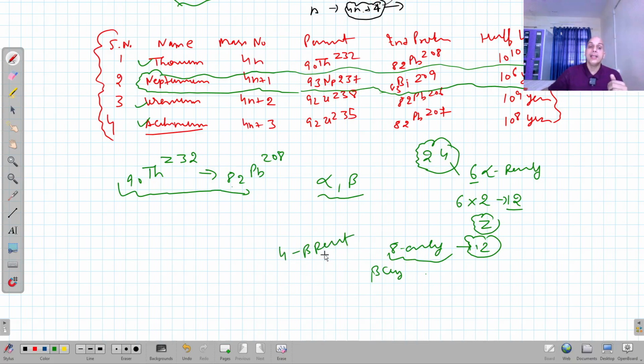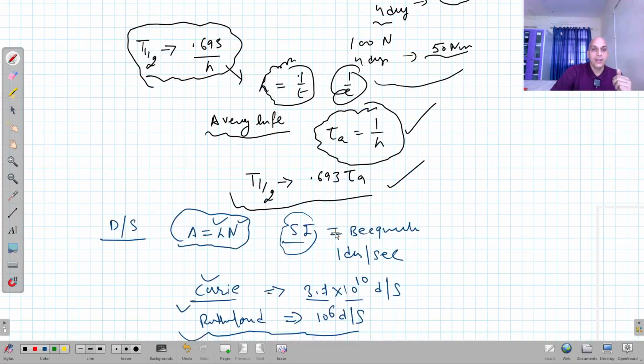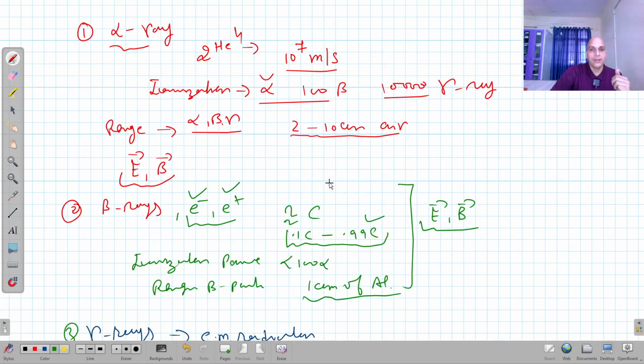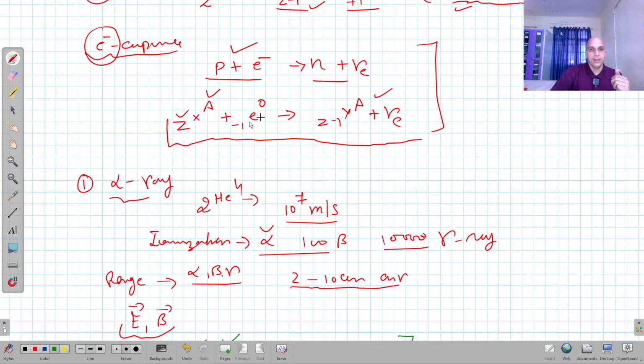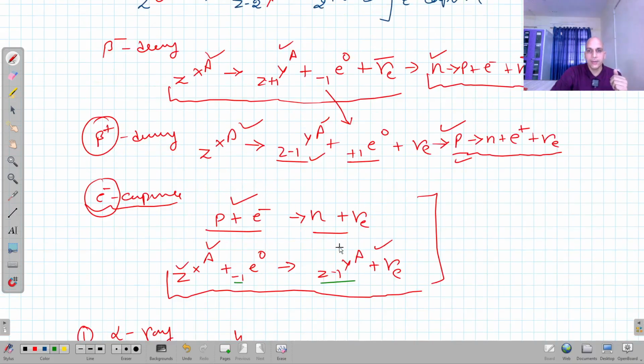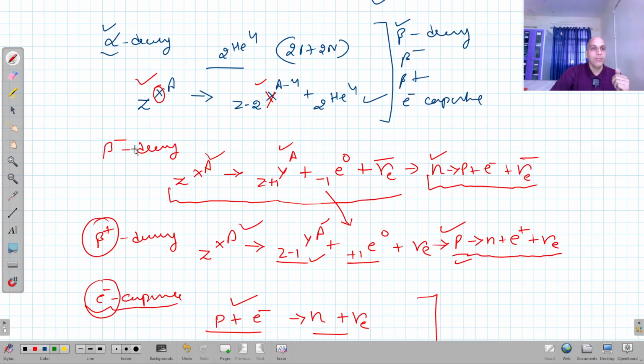Right? And beta particles are which? You can see this electron emission. Beta negative decay, sorry, beta negative decay increases the atomic number.